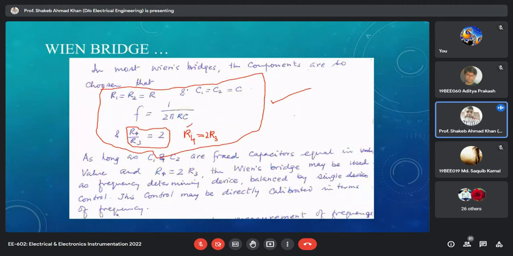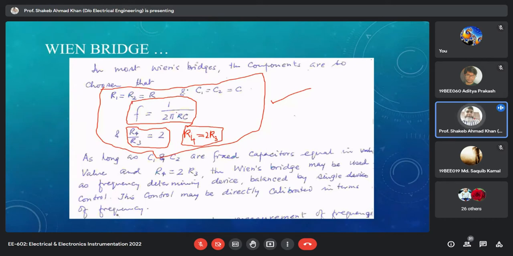We have chosen the components R4 and R3 in such a way that it is satisfied. Whatever value of R3 you take, R4 will be twice of it. Now you balance the bridge by satisfying only this equation.